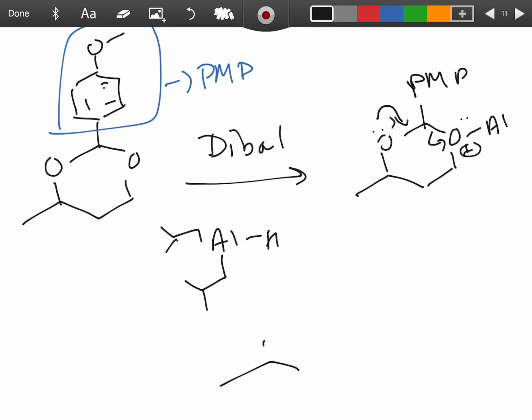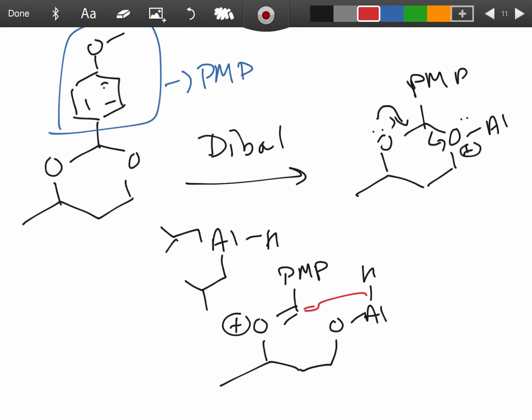So you end up with O, PMP, and then aluminum that's got a hydrogen on it. And then you're able to reduce that group. Does that make sense? I take the acetal and start to open it up like it was a proton, but instead of using a proton, I used aluminum that had a way to reduce the carbon-oxygen double bond that I make.